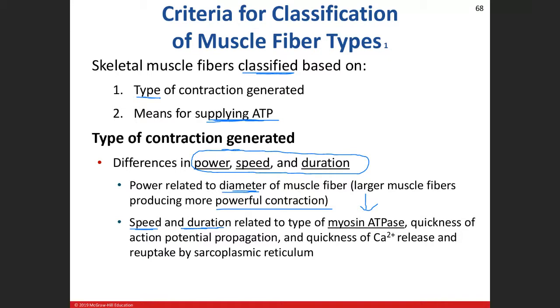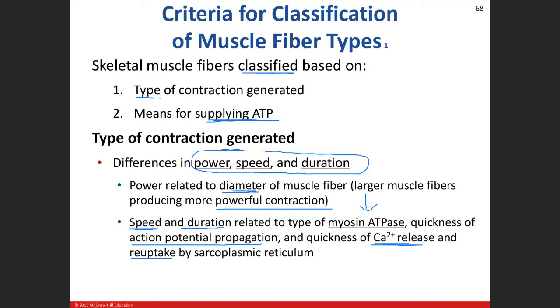Also, it is dependent on how fast we can propagate an action potential along the muscle fiber itself, and how fast we can release calcium from the sarcoplasmic reticulum, and also how fast we can reuptake that calcium. So there's a lot of factors involved in the speed and duration when we're discussing the type of contraction.